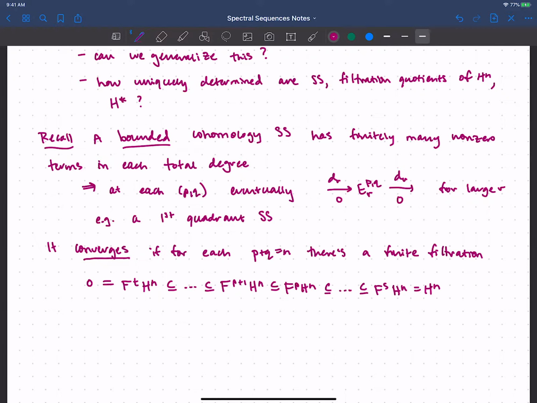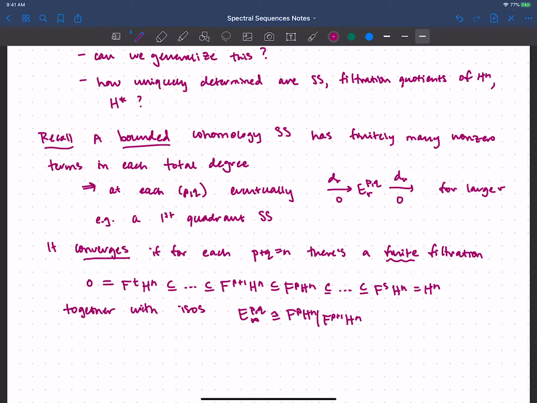So we need this finite filtration. That's sort of key here. And also identifications of our E infinity terms. So together with isomorphisms, E infinity at the PQ spot should be isomorphic to these filtration quotients. So that'll be F^pH^n mod F^{p+1}H^n.